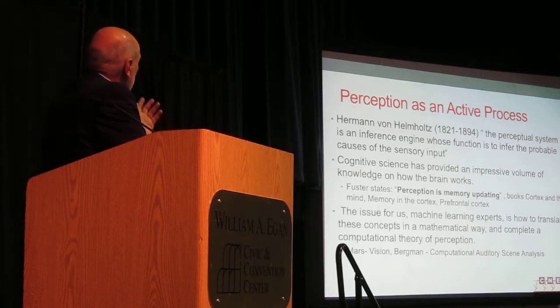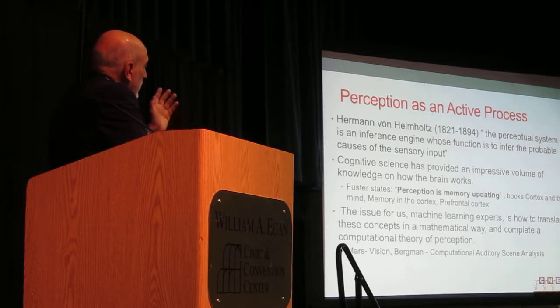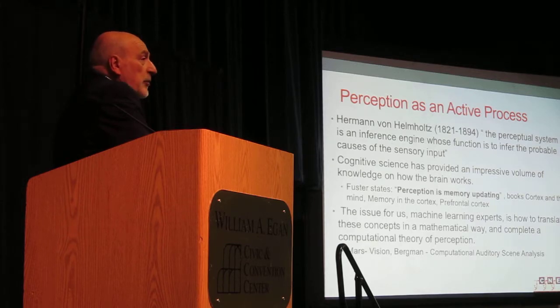And of course, in the last 100 years, cognitive science provided an impressive volume of knowledge of how the brain works. And I'm particularly keen on Joaquin Fuster, who has published three books that I recommend for those of you interested: Cortex and the Mind, Memory in the Cortex, and Prefrontal Cortex. And his definition of perception is something I read 10 years ago, and it still resonates in my mind because I don't know how this can be done.